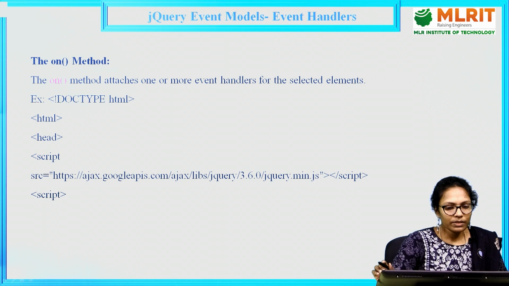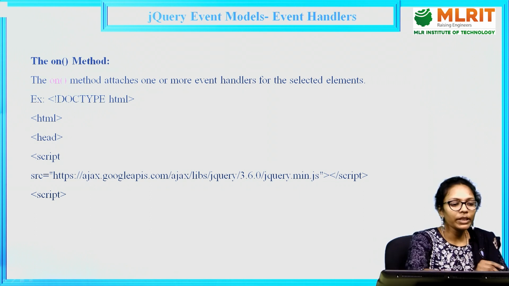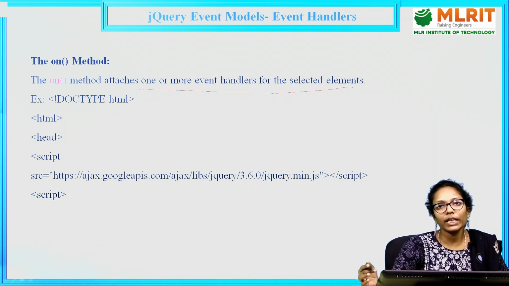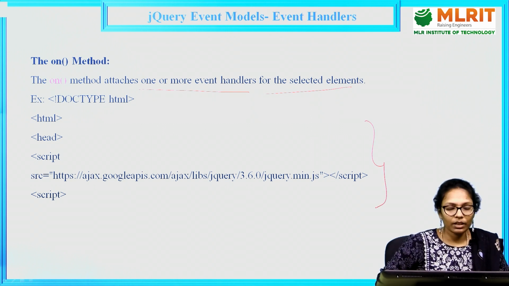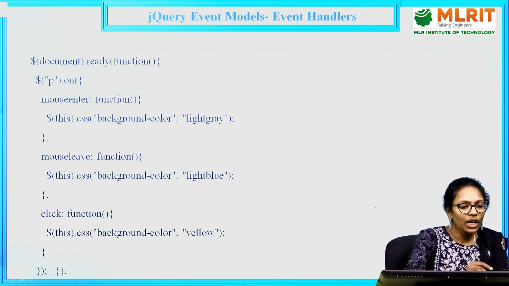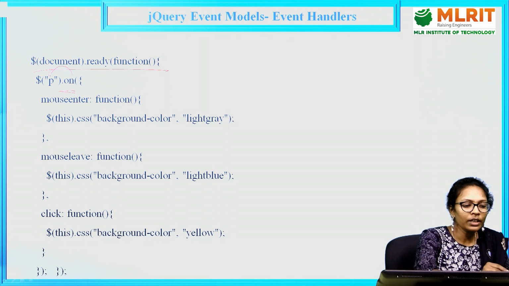So next is the on method. The on method will apply one or more event handlers for the selected elements. At a time we can apply multiple events for an element using the on method. So we know this is common for all jQuery programs, to use the library files. Now whenever my document is ready, I am applying the on function on the p tag.